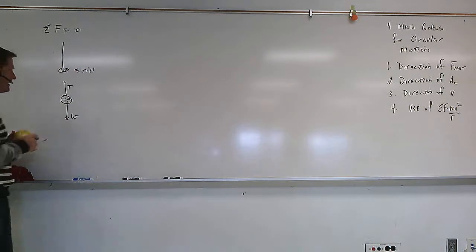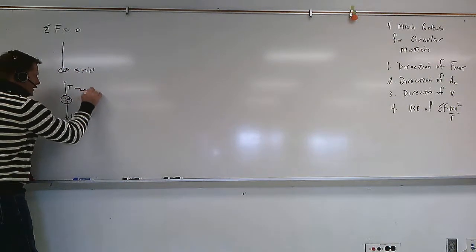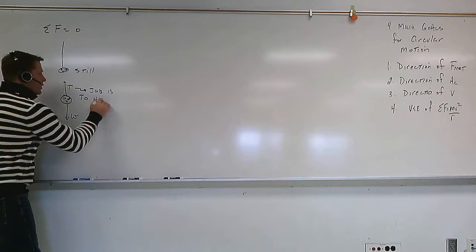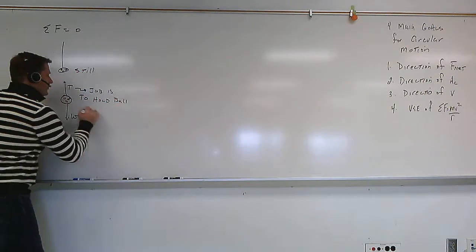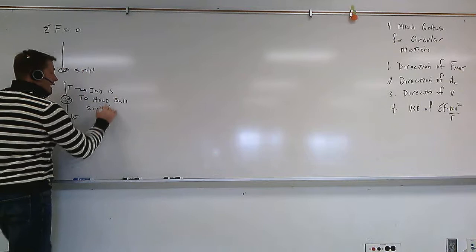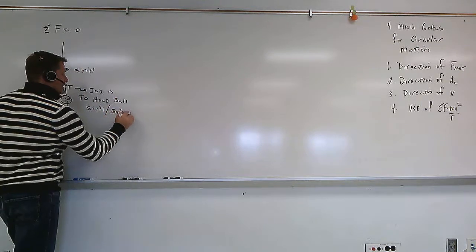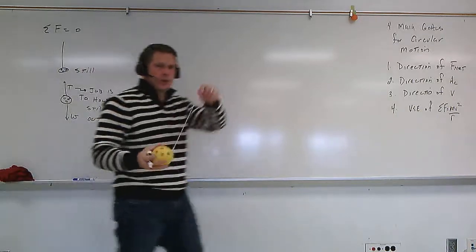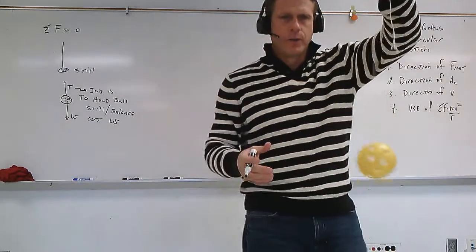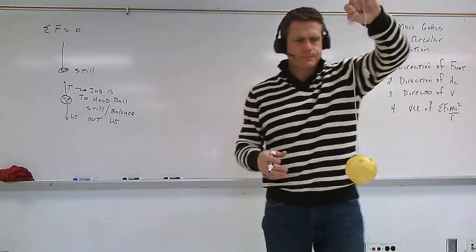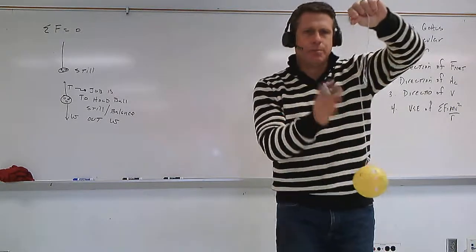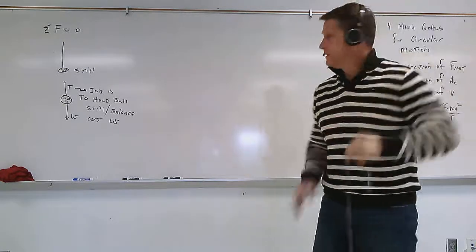And again, tension's job is to hold the ball still, to balance out the weight. So when I hold this thing vertical like this with the wiffle ball, the string's got one job. Its job is to balance out the weight.